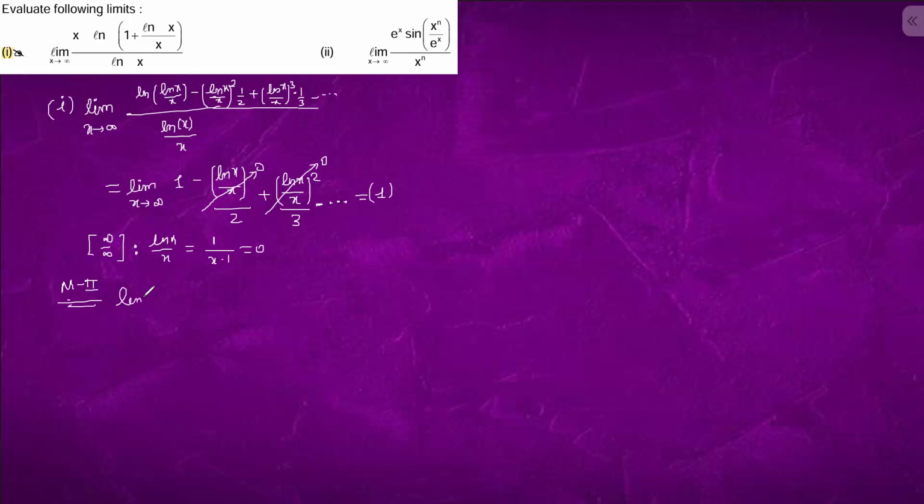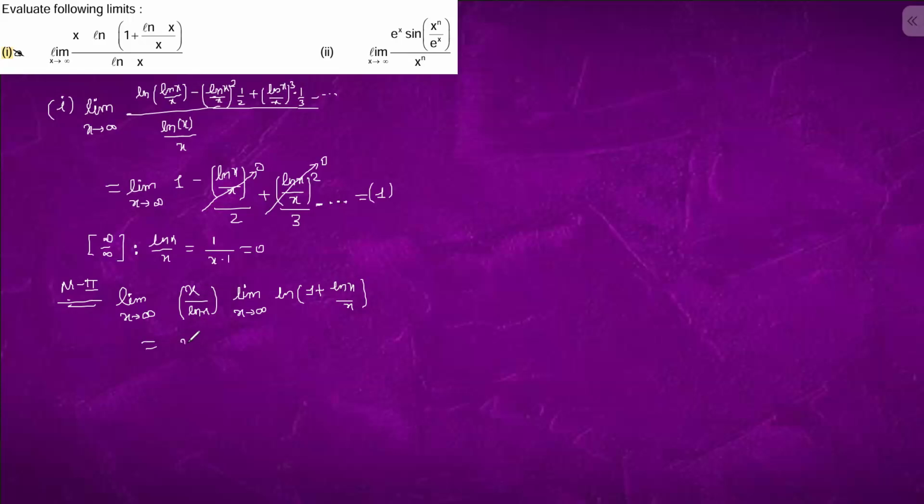If we find the limit x tending to infinity, we have x upon ln x, which is 0 by 0. At infinity, it is infinity by infinity, and the limit x tending to infinity, we have ln(1 + ln x / x). So in this, we'll find ln x / x.